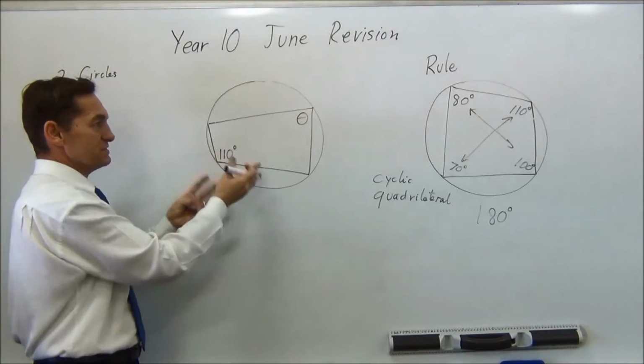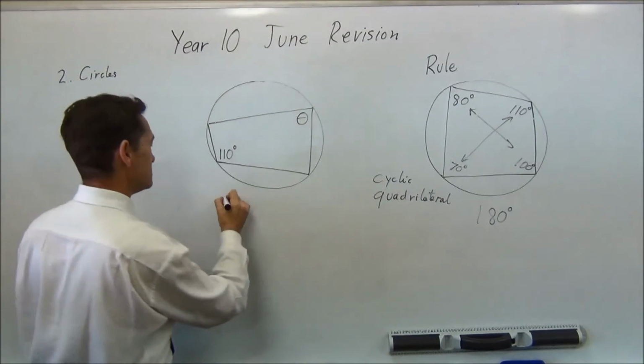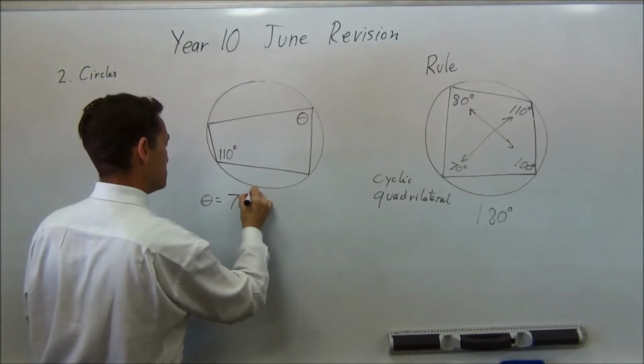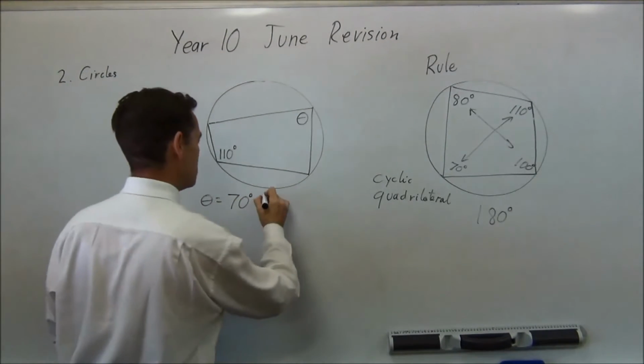So here, if it says, what's theta? Give a reason. So you would just write theta equals 70 degrees. And what's our reason?